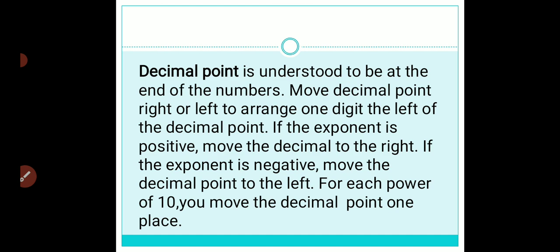If the exponent is positive, move the decimal to the right. If the exponent is negative, move the decimal point to the left. For each power of 10, you move the decimal point one place.